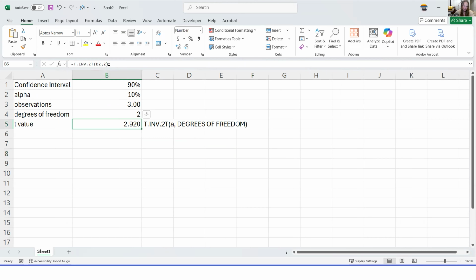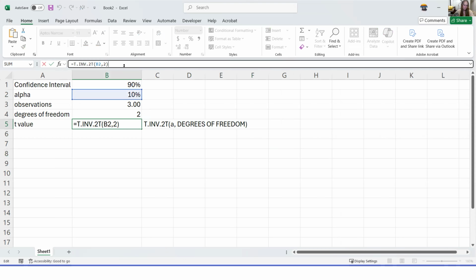So again, I don't know if you can read this, but this says equals T dot inv dot 2t. And for the alpha, I put in this B2, which is 0.1. And then for the degrees of freedom, I put in 2. That's the formula broken down here.